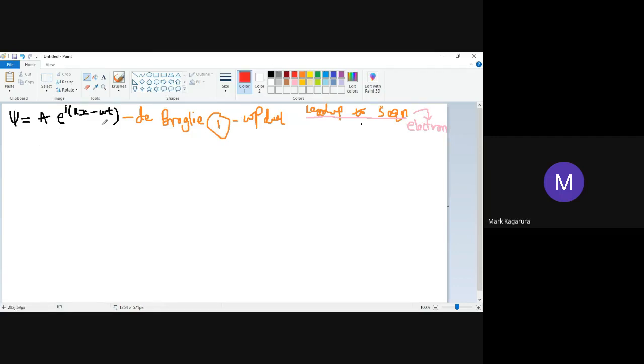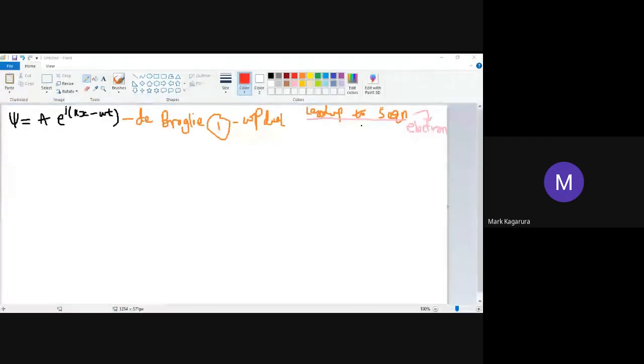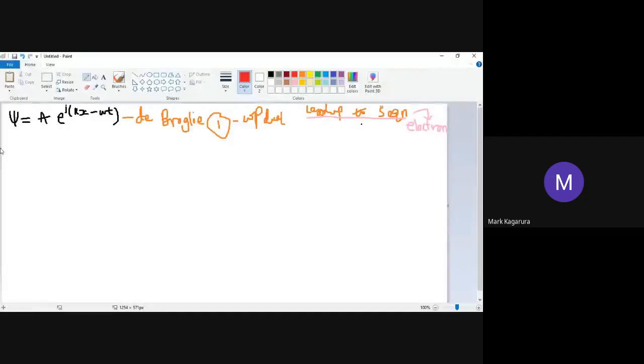Now, one other thing we know, which is from the notes really, is that the total energy is equal to the kinetic energy plus potential energy.